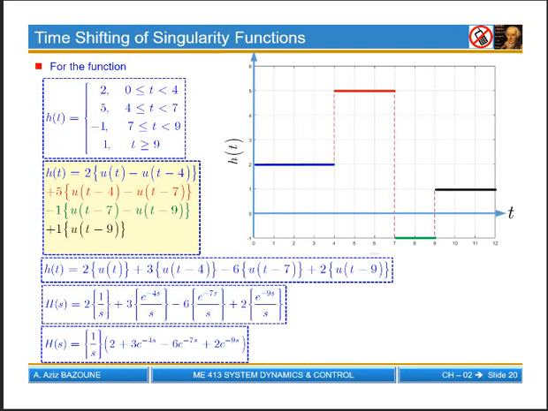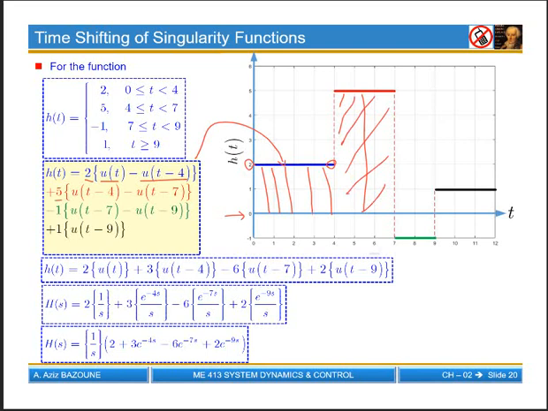The magnitude is measured from the 0 line, the x-axis. What is the magnitude from here to here? It is 2. So it is a step function that starts at 0 with magnitude 2 and stops at 4: 2 u(t) minus 2 u(t minus 4), the blue one. Then the amplitude from here to here is 5.